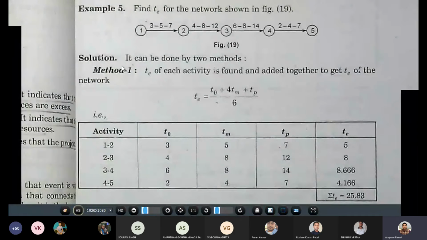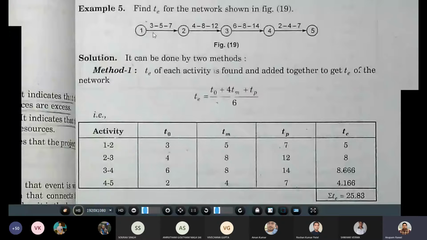For the TE calculation, we have to simply use this formula, that is TO plus 4TM plus TP. Activities are given 1 to 2, 2 to 3, 3 to 4, and 4 to 5. So these are there. Now TO is 3, 4, 6, and 2.